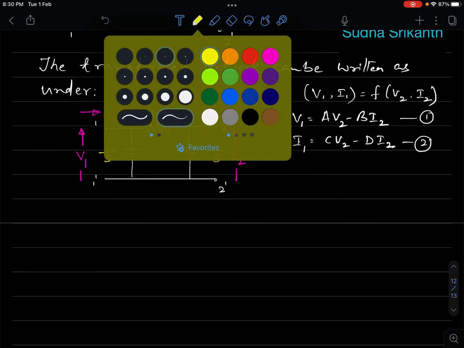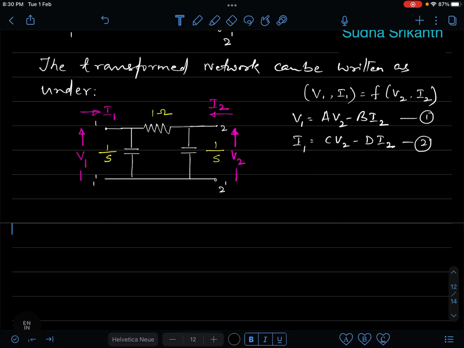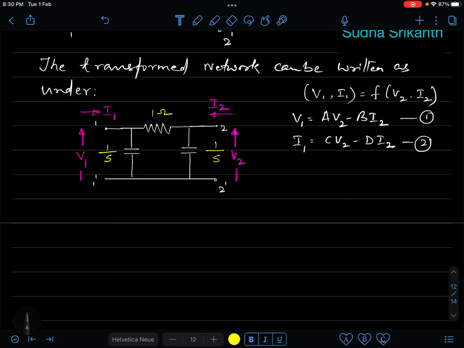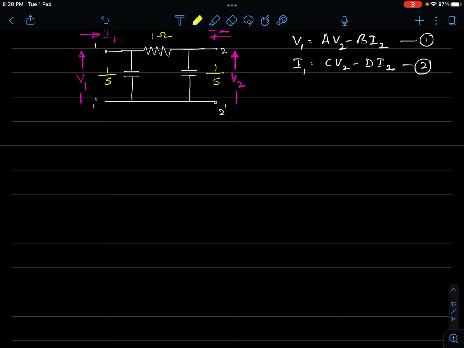So we will write step 1. I'll choose a color. It doesn't matter, I will write it myself. That's better. We will write it as step number 1.